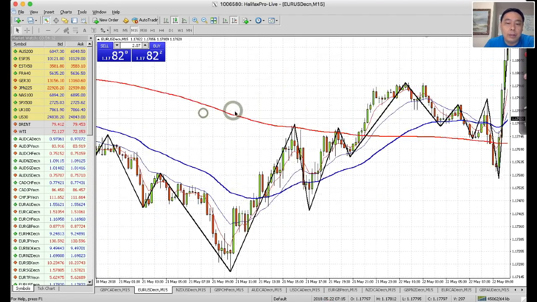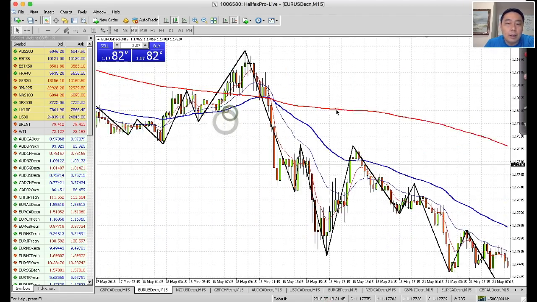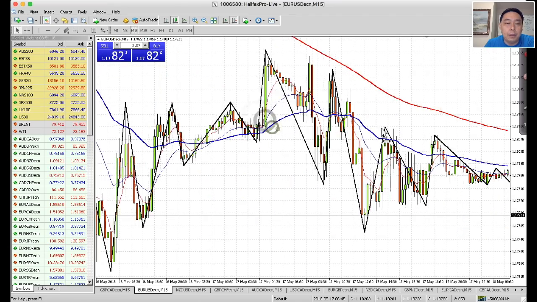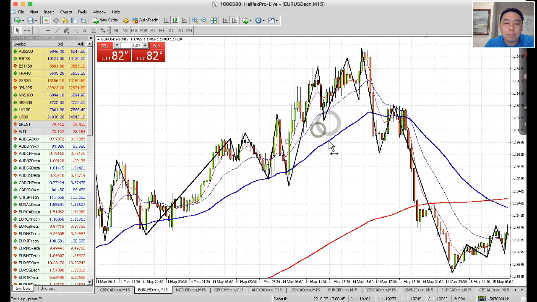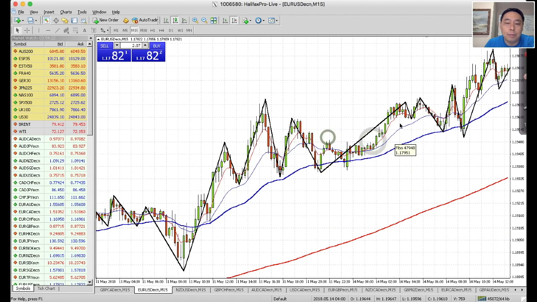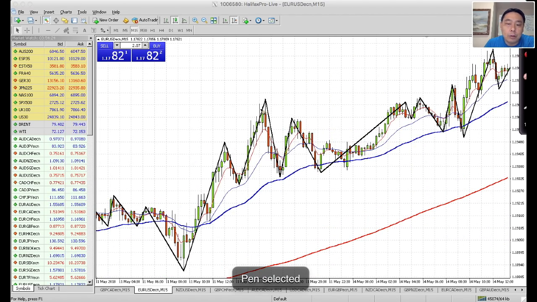This zigzag tool that you see helps you to identify these patterns. So it identifies again higher highs, and in this case, higher lows again. There you go, right? So got higher highs, higher lows, waiting for a pattern to take a trade.